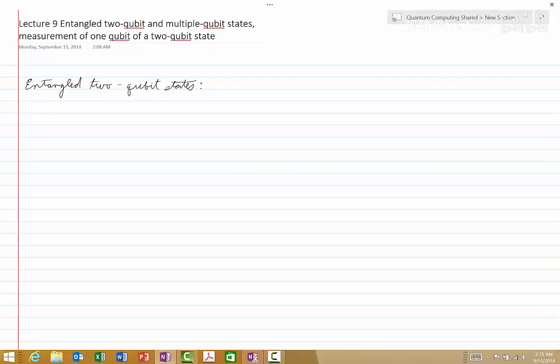For instance, in your book, it states that the four Bell states are all entangled.